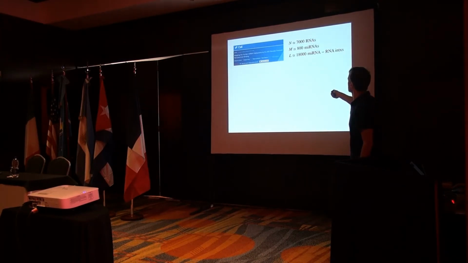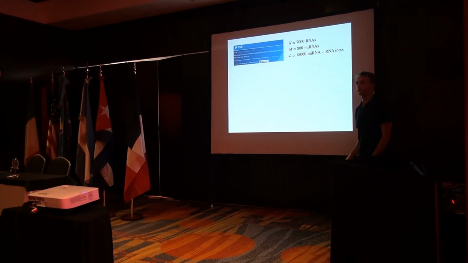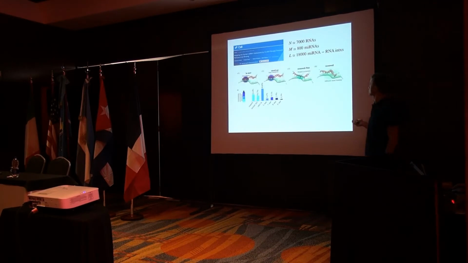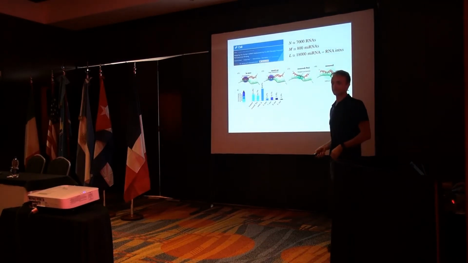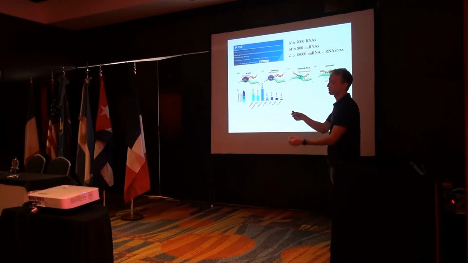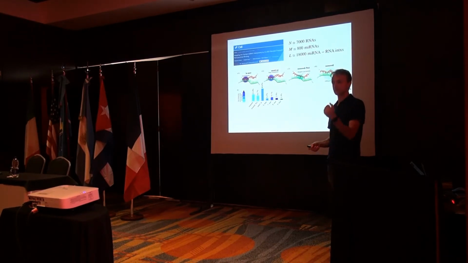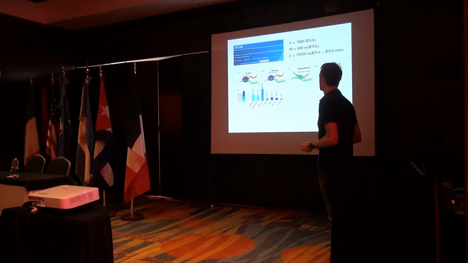So 7,000 RNAs, 800 microRNAs, and about 20,000 interactions, right? So it's a relatively diluted network. But the nice thing about this paper is that they classify all the interactions in terms of how they interact, because that's a biochemical technique. So there's a lot of information there.